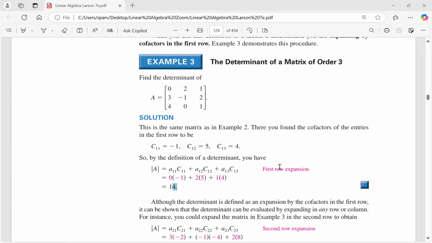Now, let's actually do this differently, folks. You and I. I'm going to copy his matrix first of all. So A is 0, 3, 4, 2, -1, 0, 1, 2, 1.